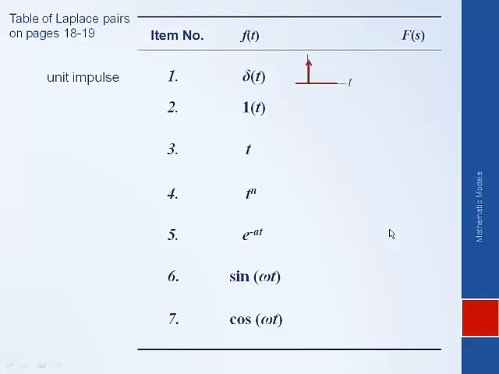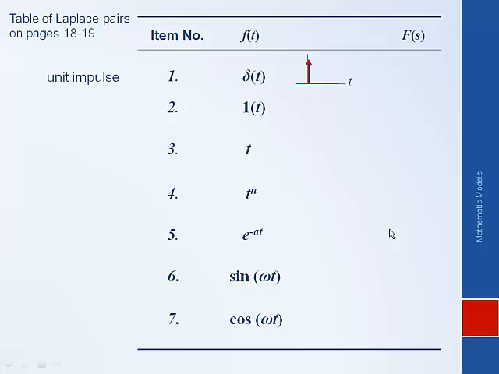And this function is an idealized function that's 0 for all time, except at time equals 0, where it has an infinite magnitude. Nothing in real life has this exact behavior, but it approximates signals that have very short duration and very large magnitude.